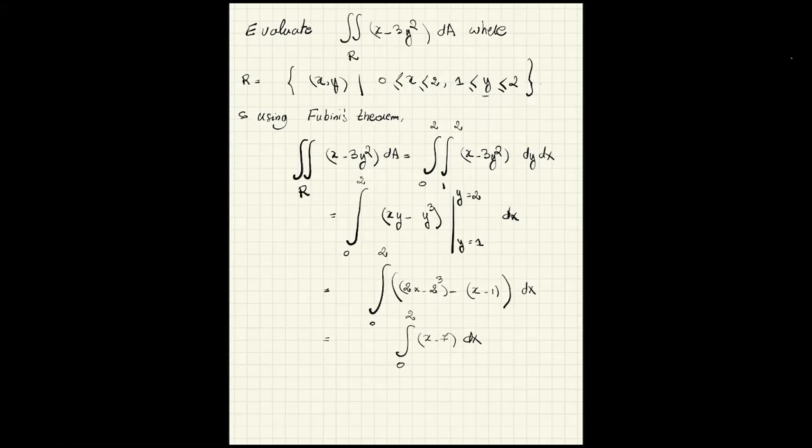And then now we integrate again, which is x squared over 2 minus 7x, the whole thing between 2 and 0, which will be equal to 4 over 2 minus 15 minus 0, which is minus 12.